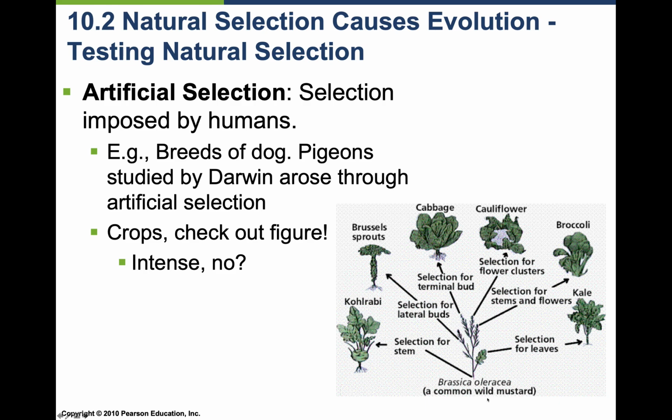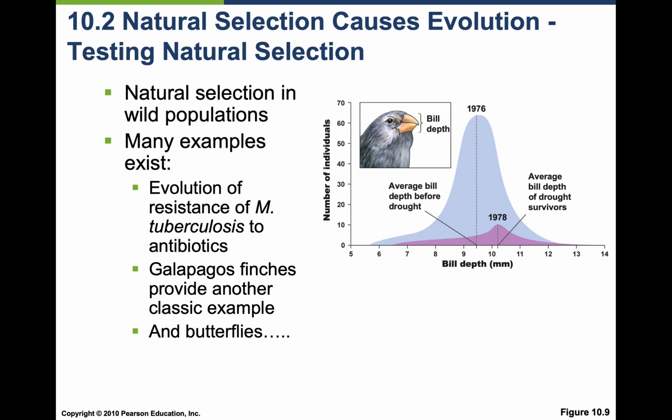From this one common wild mustard, things like kohlrabi, Brussels sprouts, cabbage, cauliflower, broccoli, and kale have all been derived. And even things like broccolini and all the different types of kale that there are. There are different types of cauliflower, cabbage, all these different types have all been derived from this one species. Now that is a fantastic amount of artificial selection that we probably eat fairly regularly, or should.